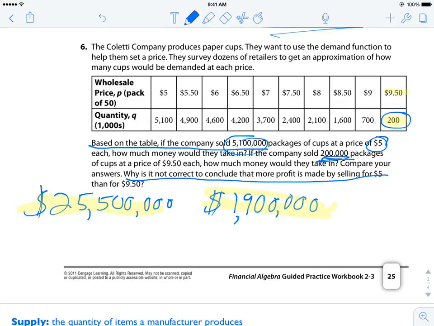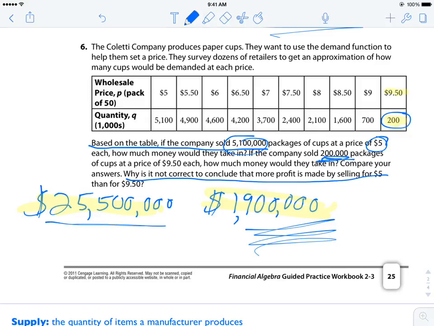So I'm only using the material necessary to produce 200,000 cups, or packages of cups, I should say, and what we end up with is a much higher price. And so it's actually possible that this is going to produce me a greater profit overall because I have way low cost and a way high markup, if you want to think of it that way.